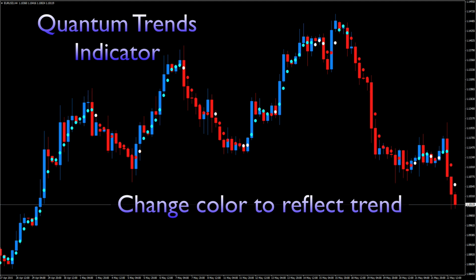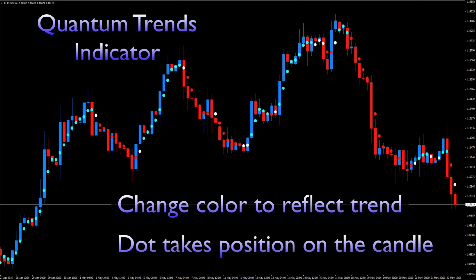Now at a second level, which is slightly deeper and perhaps less intuitive, as the trend dot develops, it takes a position on the price candle. This can be well below the price action, in the body of the candle, or indeed well above the candle when we're in a downtrend.